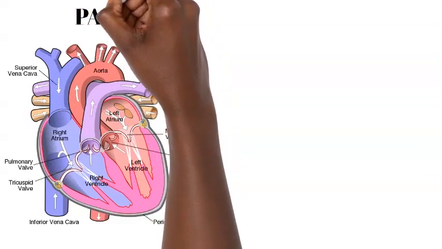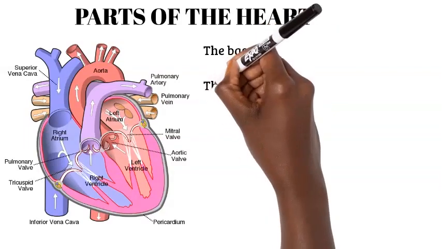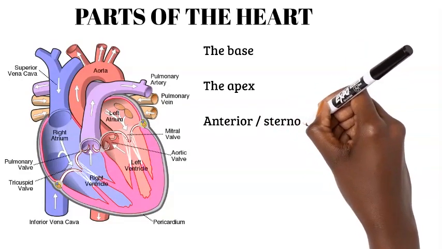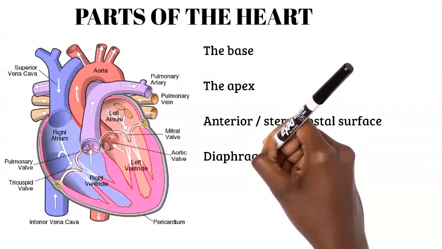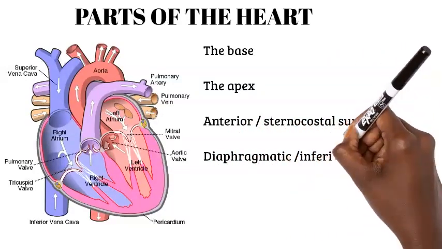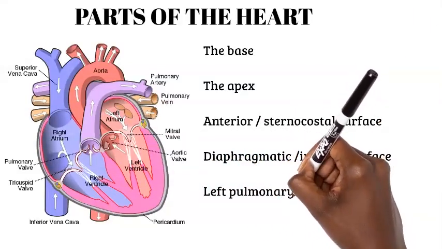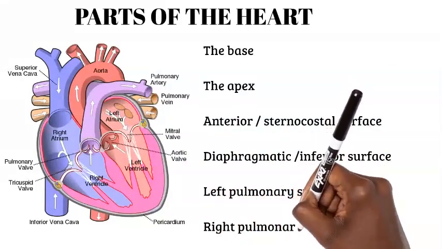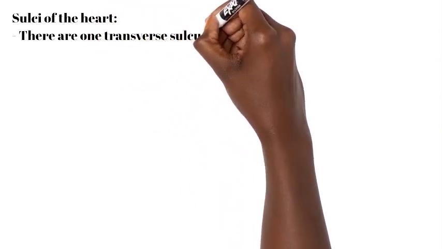Now, the heart comprises these parts: the base, the apex, the anterior or sternocostal surface, the diaphragmatic or inferior surface, the left pulmonary surface and the right pulmonary surface. We also have the sulci of the heart.